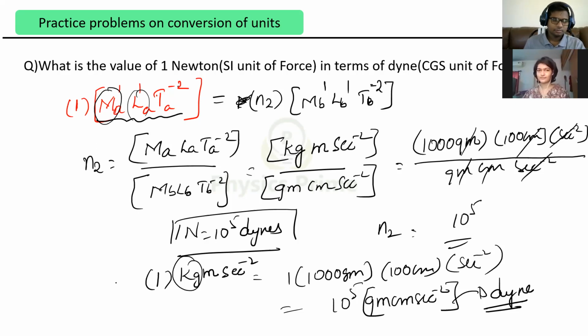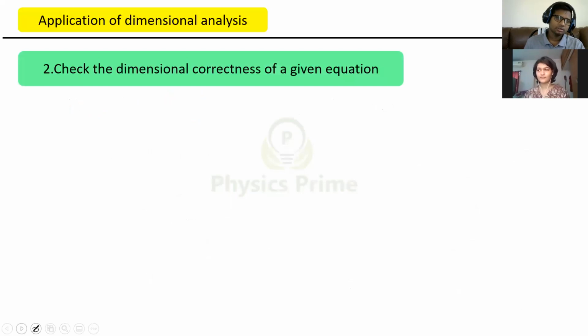Shall I go ahead? In this way, you can solve a wide variety of conversion questions. Now coming to the next application: checking the dimensional correctness of a given equation. What is it?